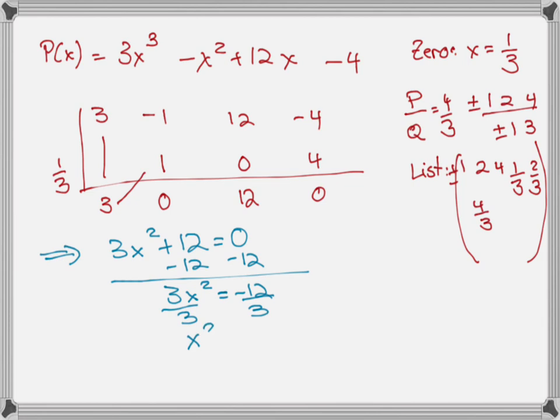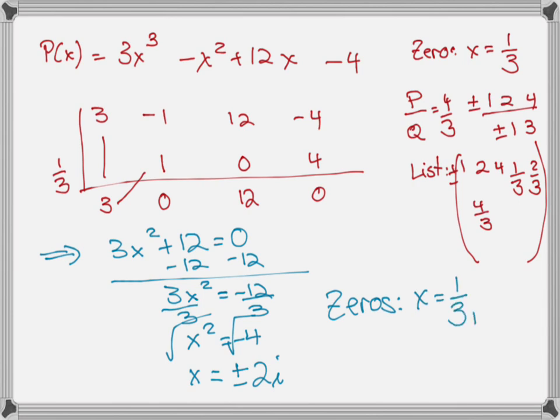Take the square root of both sides, and my answer here is x equals plus or minus 2i. So my zeros are x equals 1/3, -2i, and positive 2i. And that's how we find zeros.